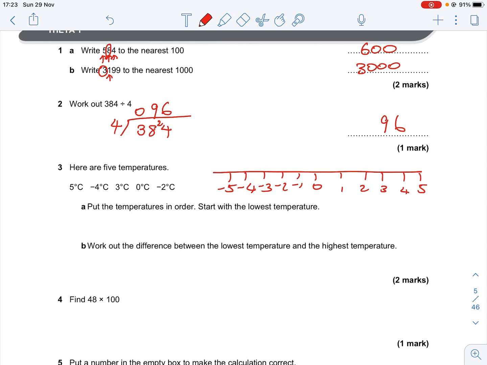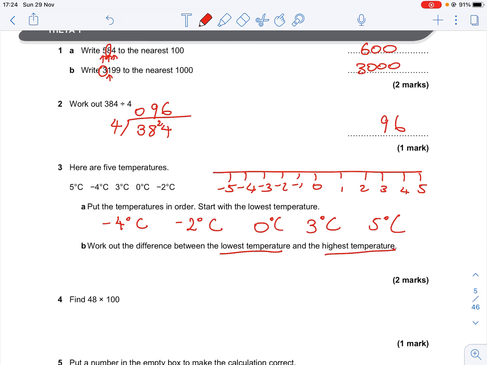So the smallest is the biggest negative. So this is -4 degrees Celsius, then -2 degrees Celsius, then 0, then 3, then 5.